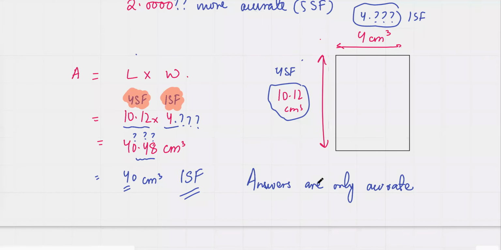It's okay. The only thing was that answers are only accurate up to the least significant figure value. Okay, so they are accurate up to the least significant figure value.